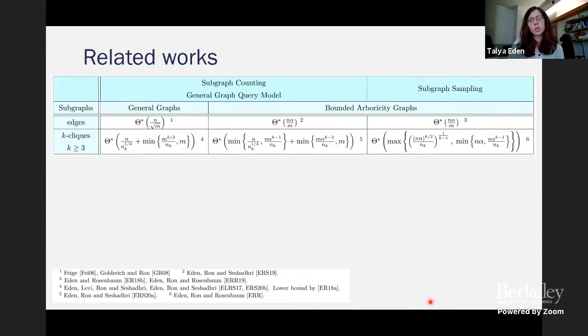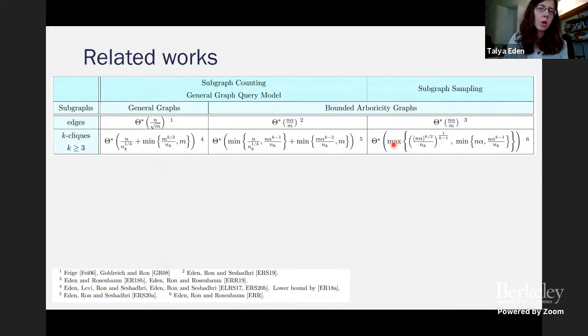Okay, and maybe just to mention some related works. The second expression here is also the complexity of counting k-cliques. For edges, counting edges and sampling edges, the two separate works, have the same complexity.